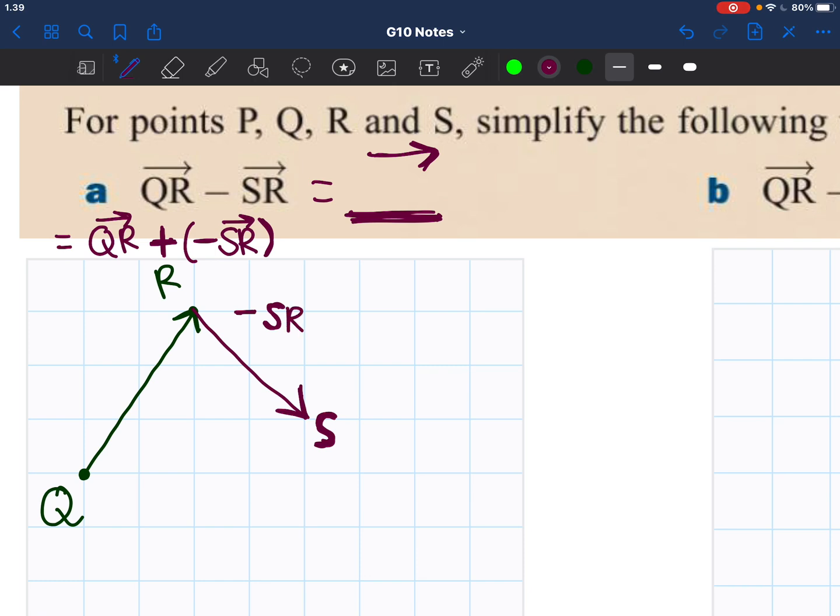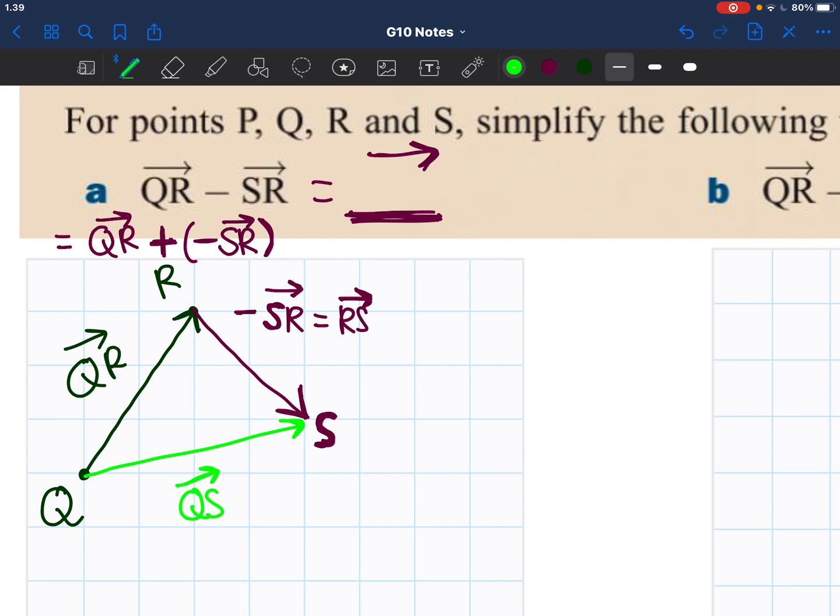So if this were QR, and this is the opposite of SR, the opposite of SR is RS, that means QR plus negative SR is QS.